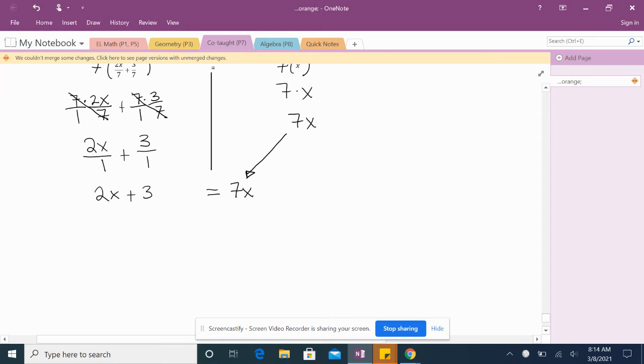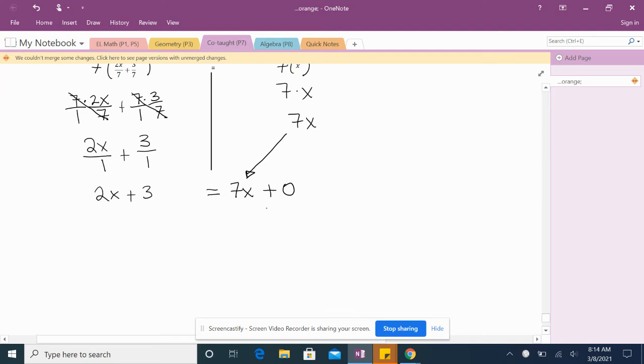But now I have x on both sides, which means I have to balance. But to balance an equation, we need 4 parts.